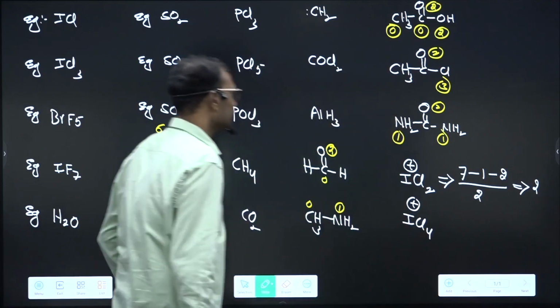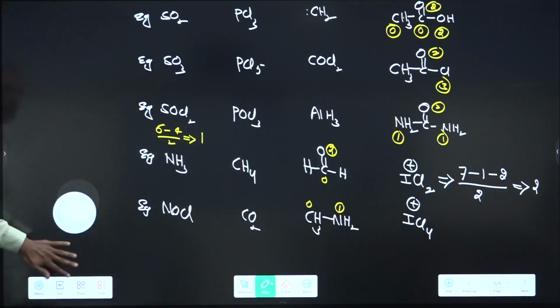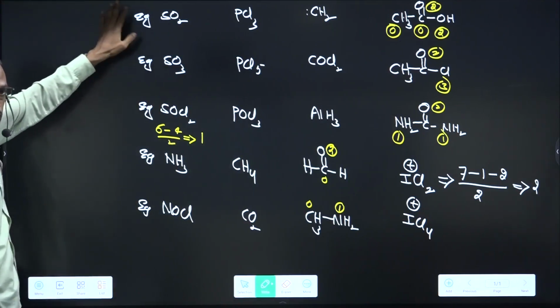ICl4 plus. Neutral molecules you take down as homework.